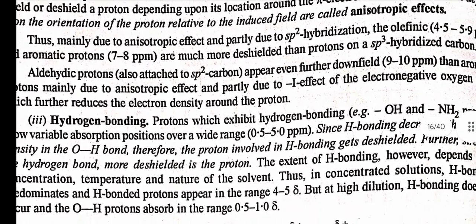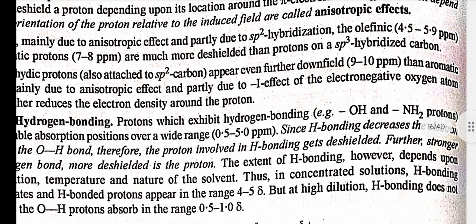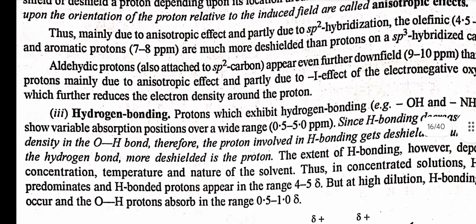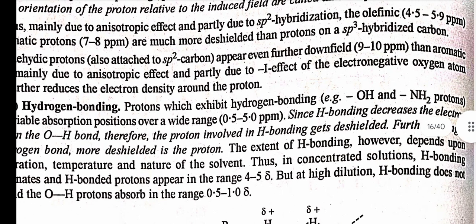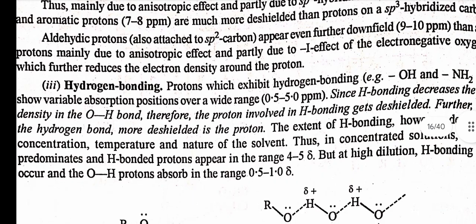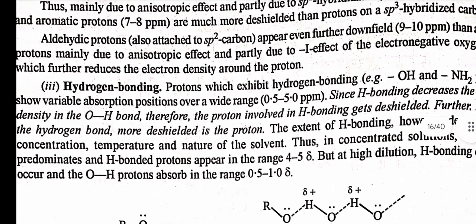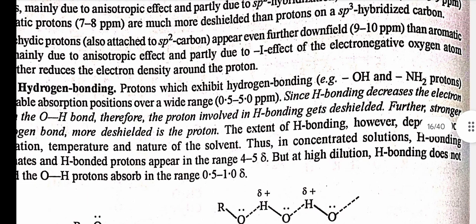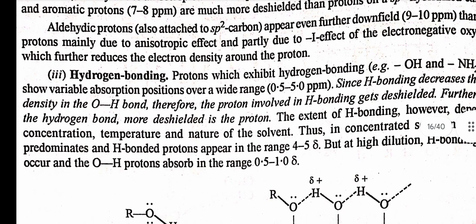Thus, mainly due to the anisotropic effect, and partially due to sp2 hybridization, the olefinic and aromatic protons are much more de-shielded than protons on an sp3 hybridized atom. Aldehydic protons appear even further downfield than aromatic protons, mainly due to the anisotropic effect and partially due to the -I effect of the electronegative oxygen atom, which further reduces the electron density around the proton.